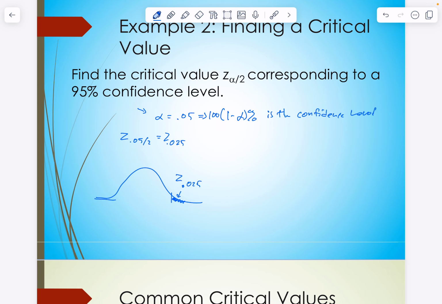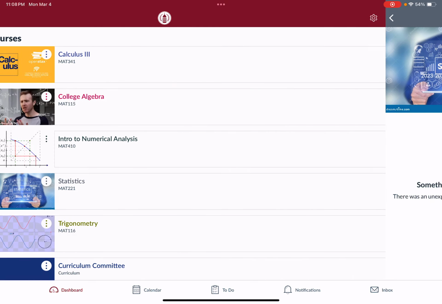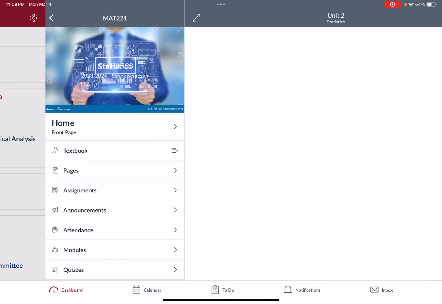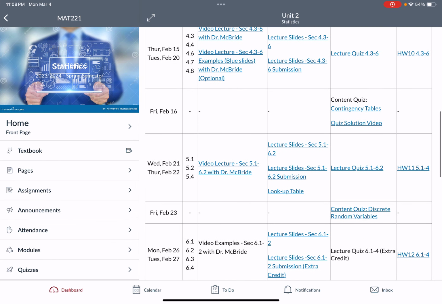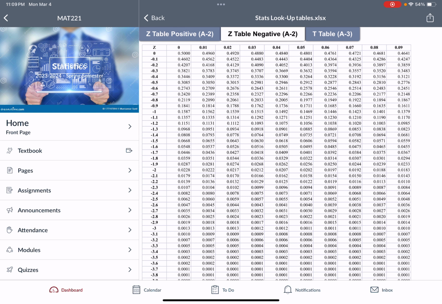Now, what I can do is look up on the table for something that has an area of 0.025. It will give me a negative number. I'll make that number positive, and that will be my z value. So let me go ahead and look at that table. Go to Canvas, Stats, go to my lookup table, negative values.